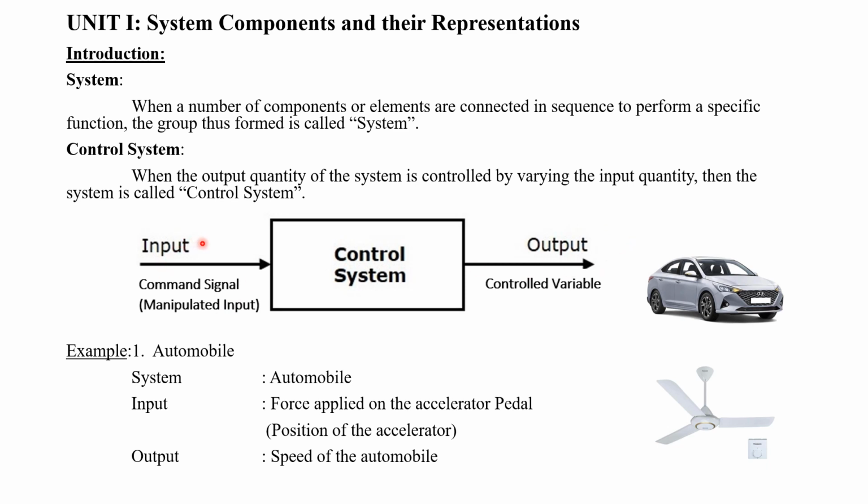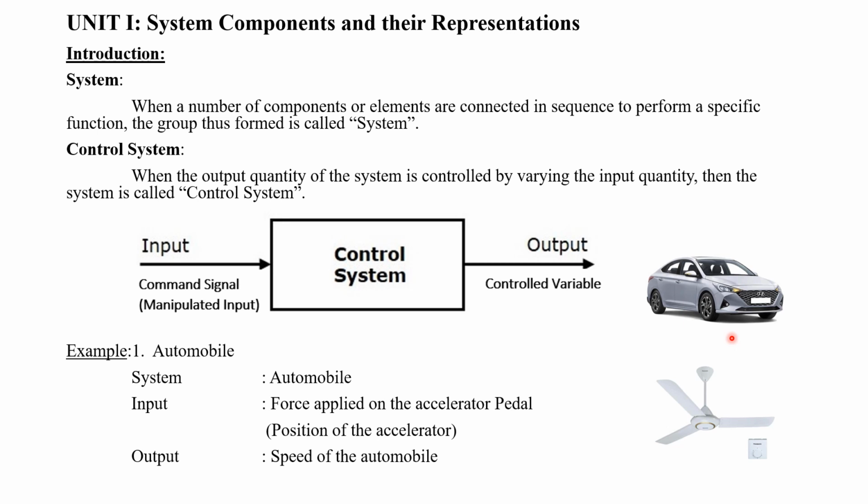Now let us look at some examples of control systems. In day-to-day life, we come across many electronic devices as well as mechanical machines. All of these come under control systems. For example, consider an automobile, that is a car or any vehicle. We can say the speed of the car is the output.